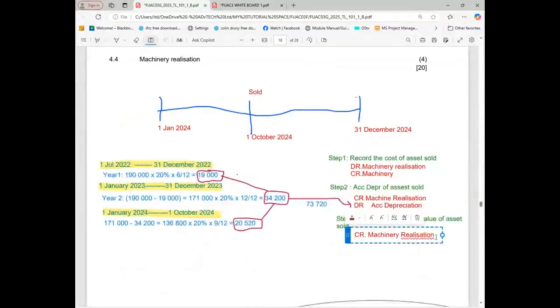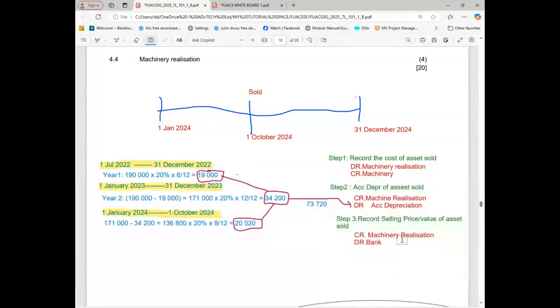You must always look at the other account, otherwise you won't understand the machinery realization. So you debit what? Bank. You credit machinery realization. Are you okay? Yes, sir. I understand. So now we can go and record it.